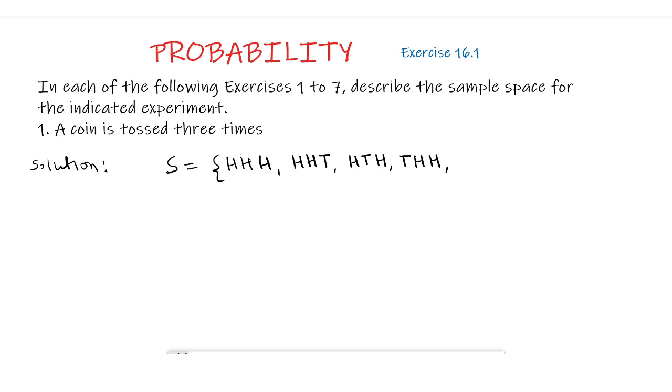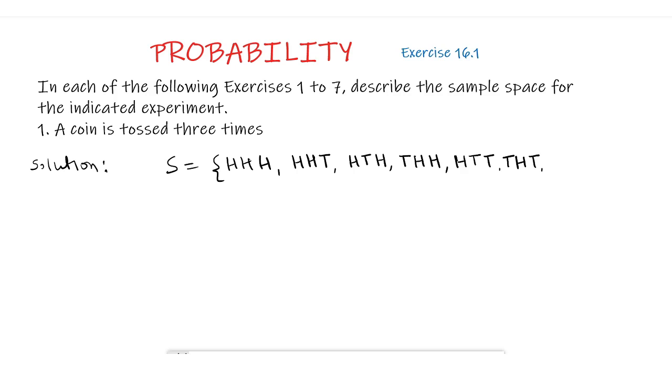In the next sample point, the first toss gives the head, second toss gives the tail, third toss gives the tail. Then first toss gives the tail, second gives the head, and third gives the tail.